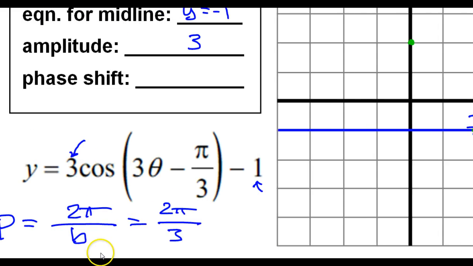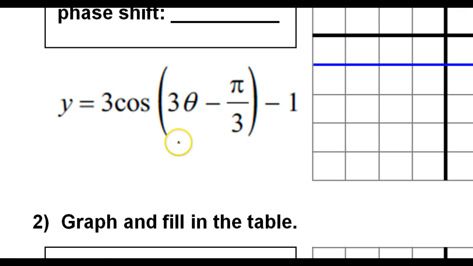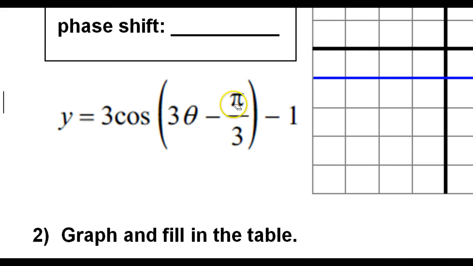But now we have to do the phase shift. If there was no b value, if this 3 wasn't here, then the phase shift would just be pi over 3. But when there is a b value, to get the phase shift you need to divide by it. So the phase shift is going to wind up being pi over 3 divided by 3.